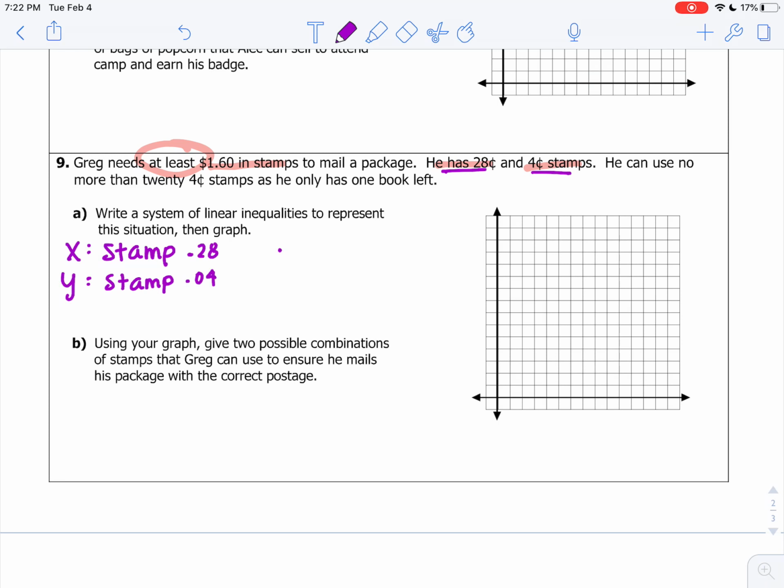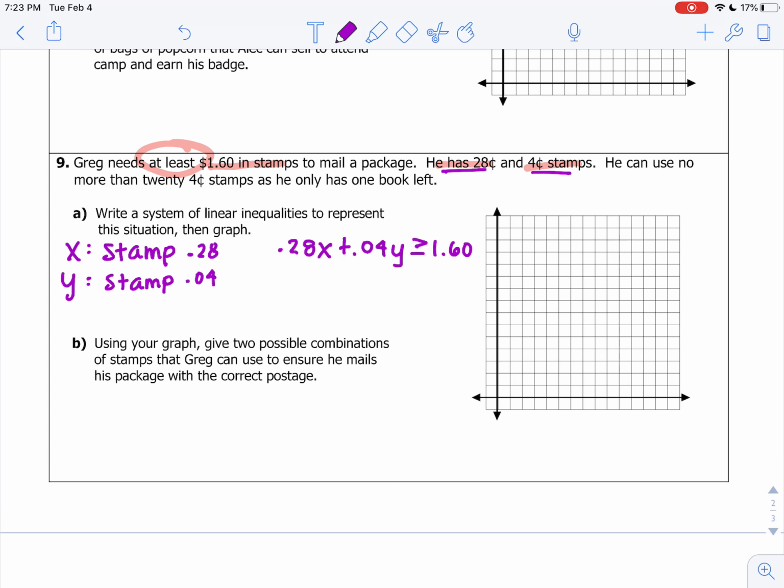Okay, so he's going to have 28-cent stamps plus 4-cent stamps, and he needs at least $160 in stamps, which means it's going to be greater than or equal to 160, because at least is always that greater than or equal to, because it has to be that number or more, right? He can use no more than 24 4-cent stamps, as he only has 1 book left. So he can't have more than 24 4-cent stamps.